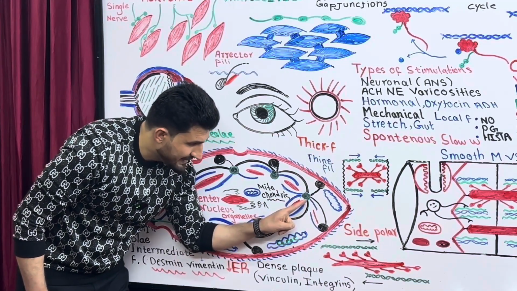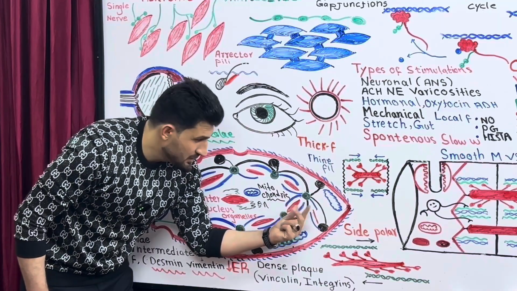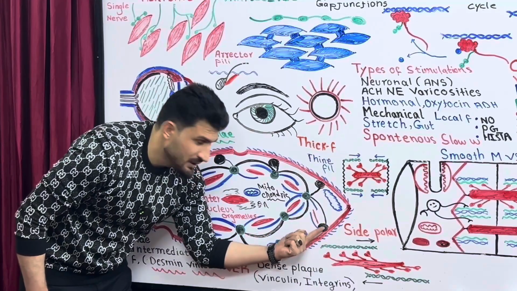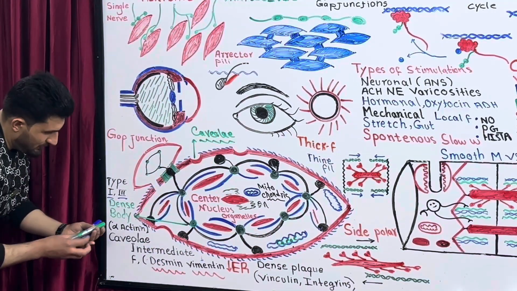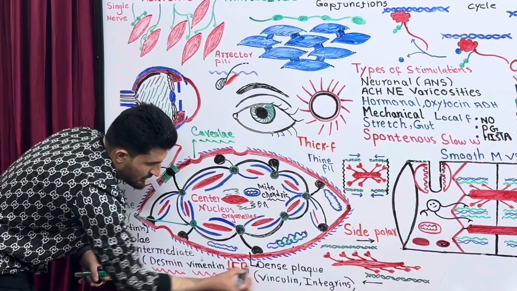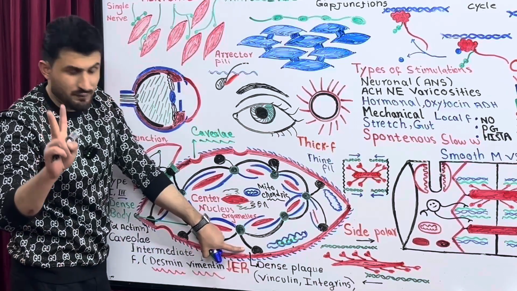Okay, and also these dense bodies are connected to other dense-body-like structures that are submembranous, near the membrane, and they are called dense plaques. Okay, now the dense plaque has two important functions.